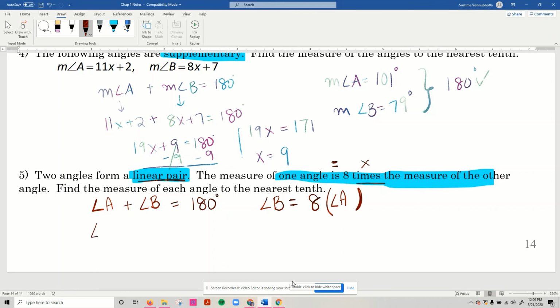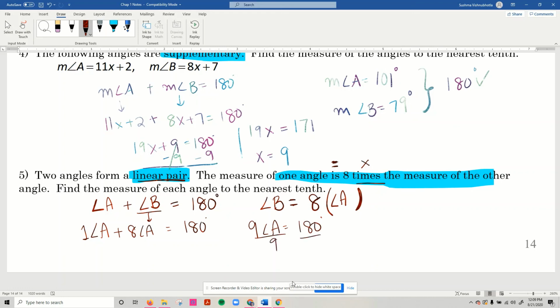So now I can just substitute. I can go back here and say angle A plus, instead of angle B, I can use substitution and say 8A. And at this point, these are like variables, okay? You could have also used X and Y. Now 8 angle A's, plus I'm adding one more. So I have 9 times angle A is 180.